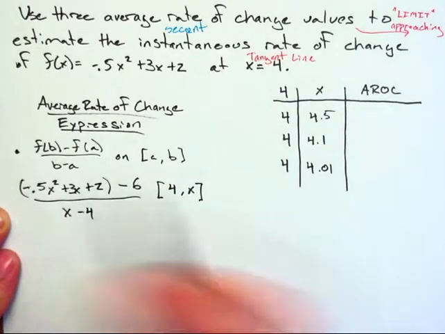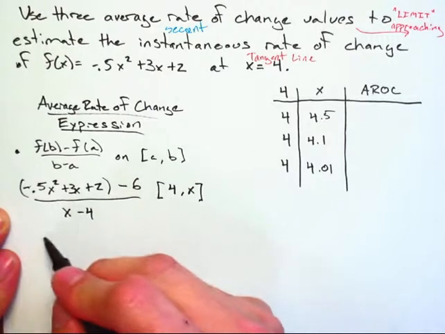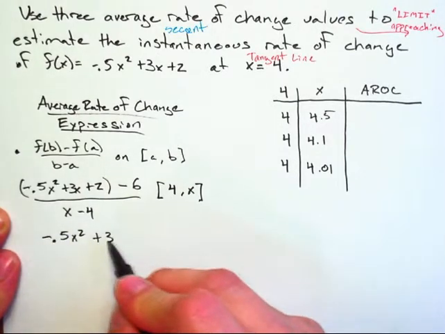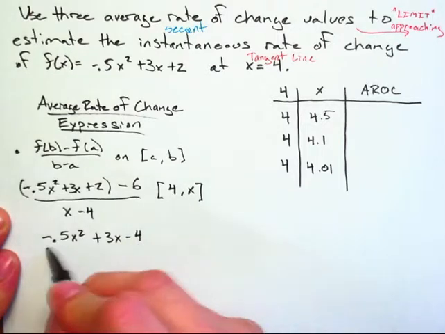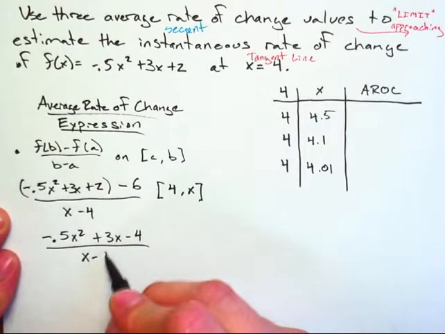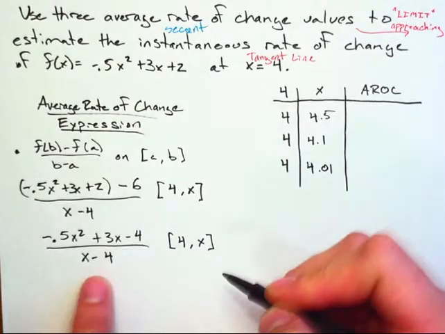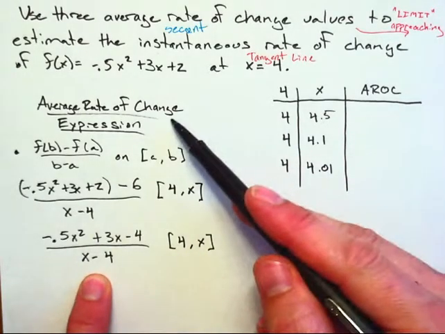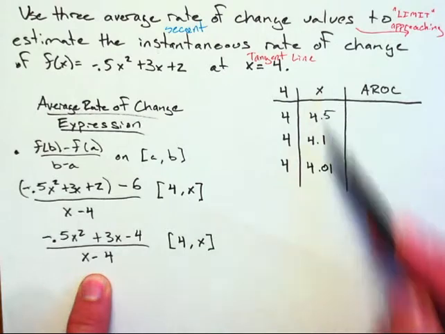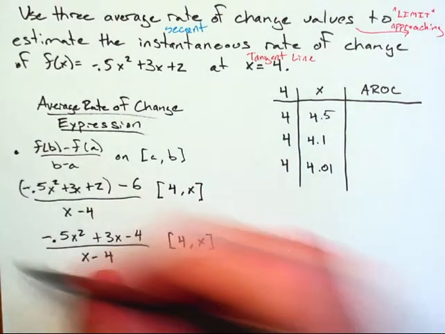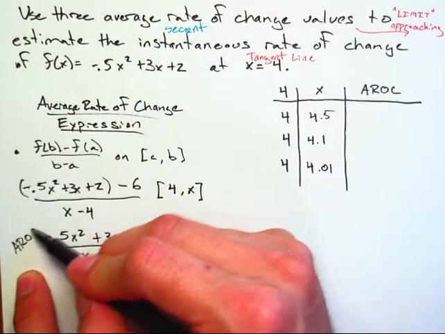This does simplify pretty nicely down to negative 0.5x squared plus 3x minus 4 all over x minus 4, still on the interval 4 to x. So here is your average rate of change expression. That's what we want. Here are the x values that we're going to be plugging in here to figure out what that AROC is.